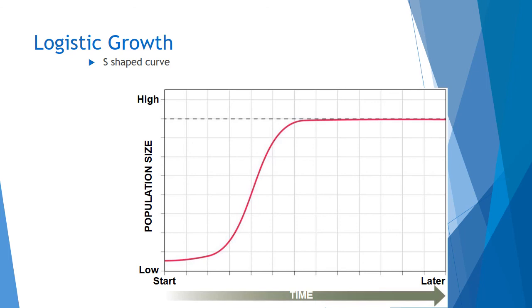Because maybe there's no more food available in that ecosystem, or maybe there's not enough shelter, or maybe there's large predation going on. Maybe even there is a natural occurrence like a fire or a hurricane or something like that that limits the population. So basically with the carrying capacity, this is the maximum number of a species here that the environment can really support.